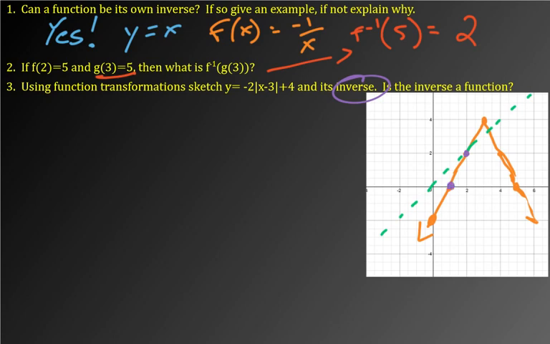This one was at 1, 0, so it's going to move to 0, 1. Take this point. This was at 0, -2, so it's going to move to -2, 0. This vertex point was at 3, 4, so it's going to move to 4, 3. And let's get another one over here. This one is 5, 0, so it's going to move to 0, 5. So I think that's enough.